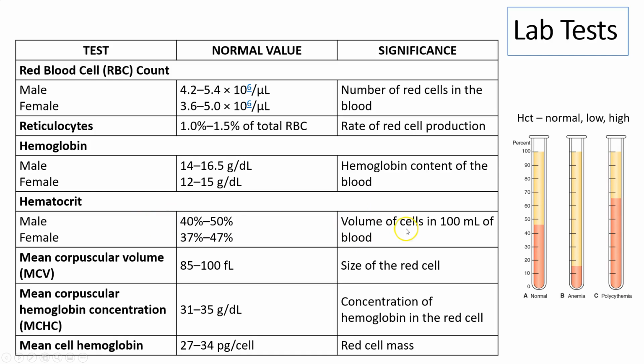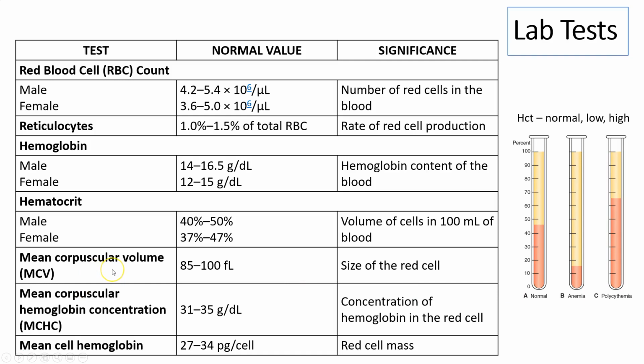This is the volume of cells in our blood. So a normal hematocrit is somewhere between 37 and 50%. When you have a low proportion of red blood cells, that would be something like anemia. A higher hematocrit might be something like polycythemia, where you have excess production of red blood cells. And you can also see an increased hematocrit with dehydration.